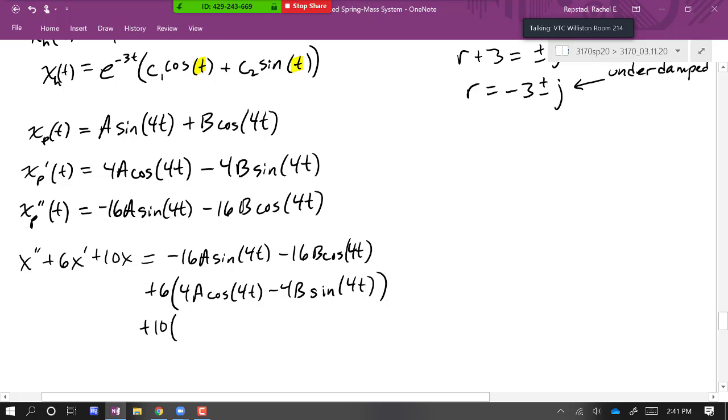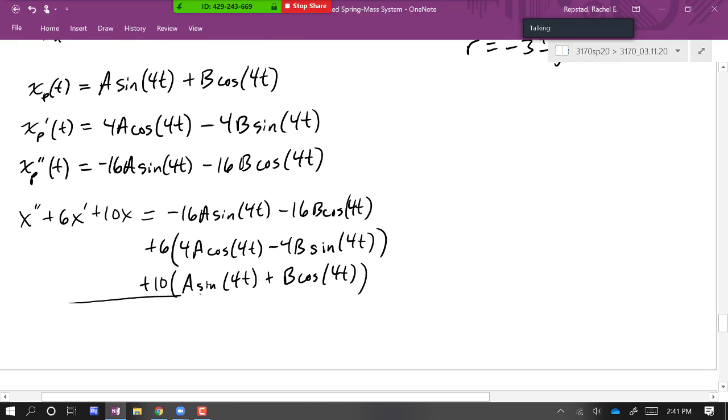So that's a sine 4t plus b cosine 4t. When we add these, we'll get some coefficient on sine 4t plus some coefficient on cosine 4t, and we just want to figure out what those are.